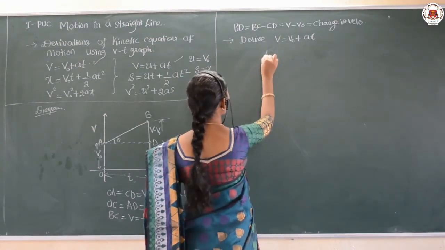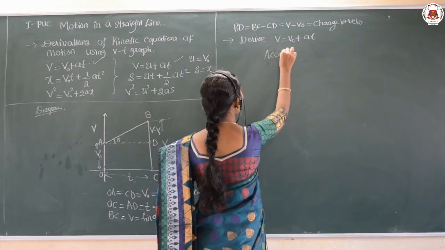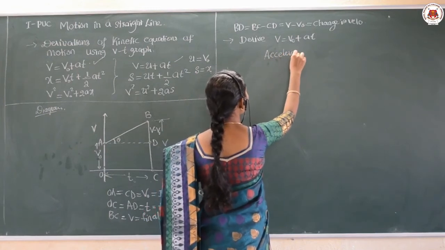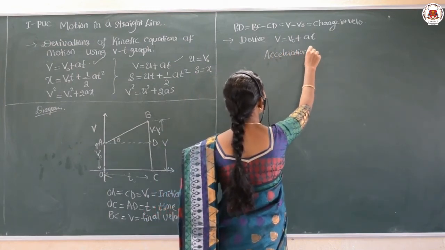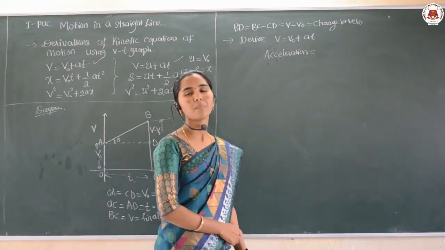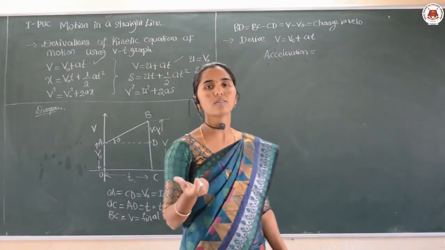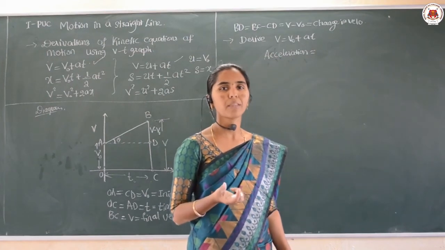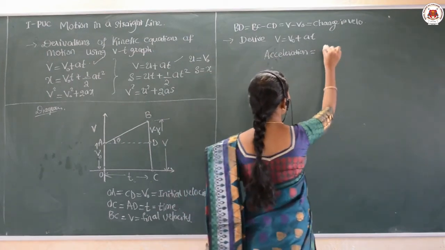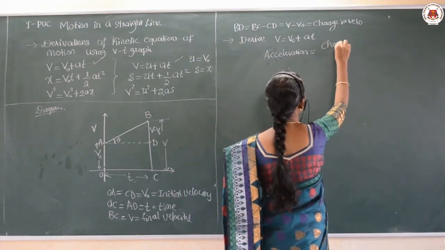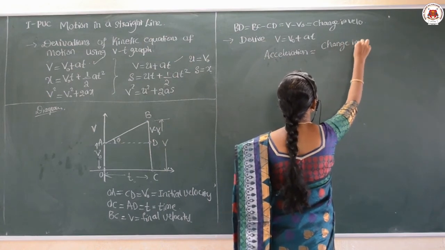So the first simple step is acceleration. By the definition of acceleration, tell me dear students, what is acceleration? It is the change in the velocity with respect to the time, isn't it?